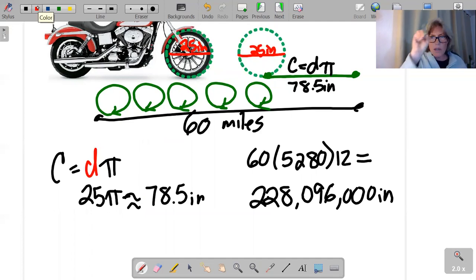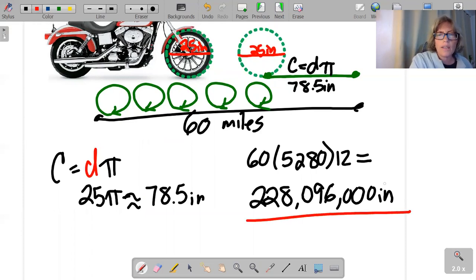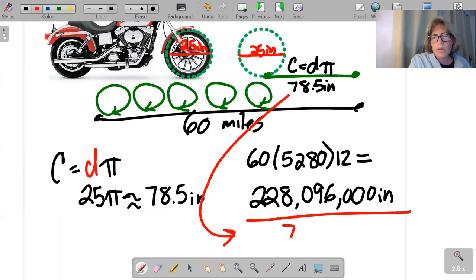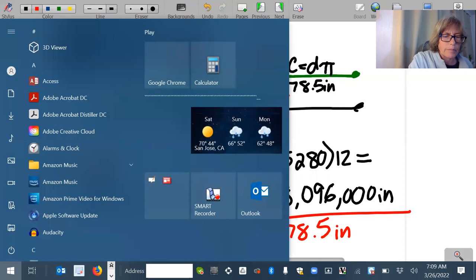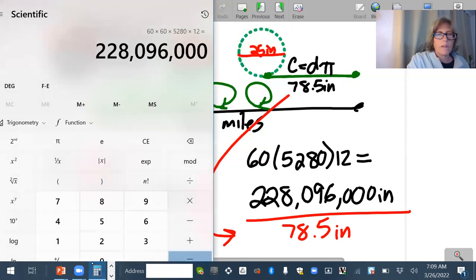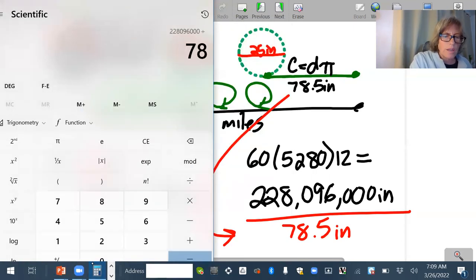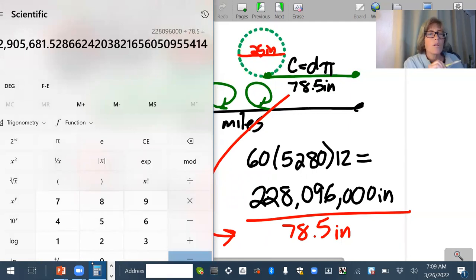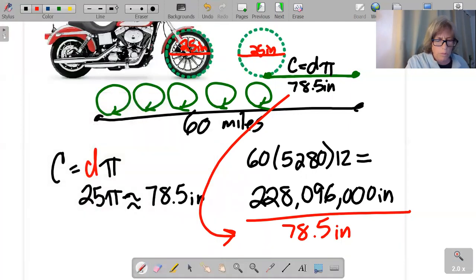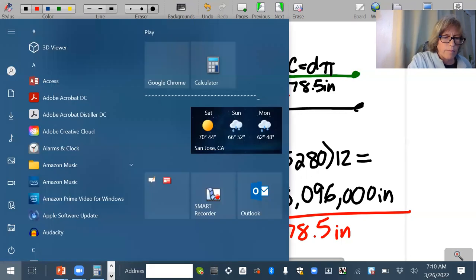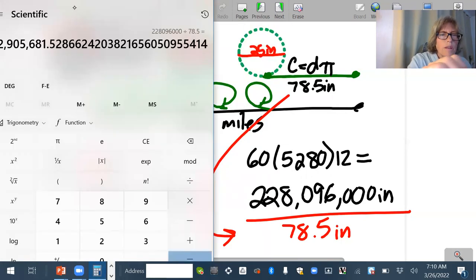We want to figure out how many circumferences, revolutions go into that. So we're going to divide by our circumference, 78.5 inches. So I'm going to divide by 78.5, and I get approximately, whoops, make sure we're reading that number correctly.